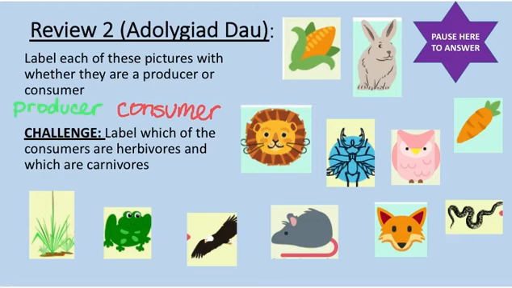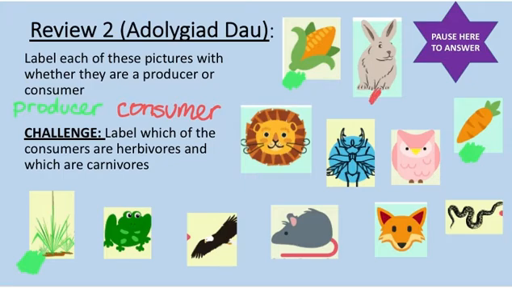So producers, we've got this corn here, so I'll put a squiggle there. The carrot and the grass. Okay, so all of the plants are producers, and then all of the other ones are consumers.